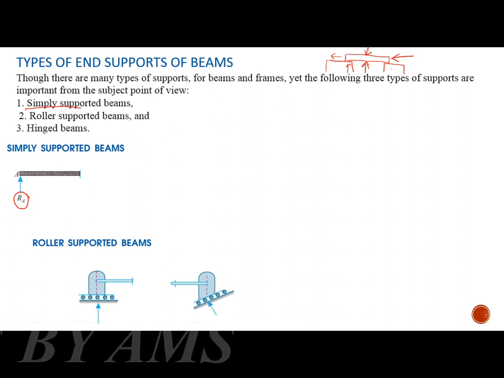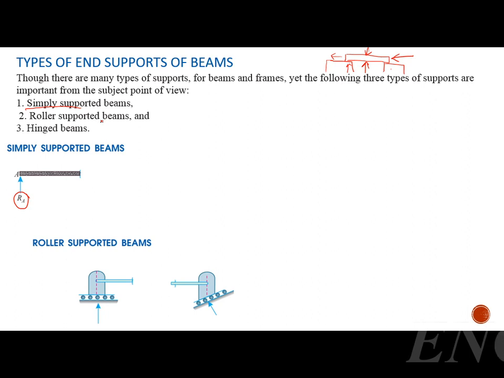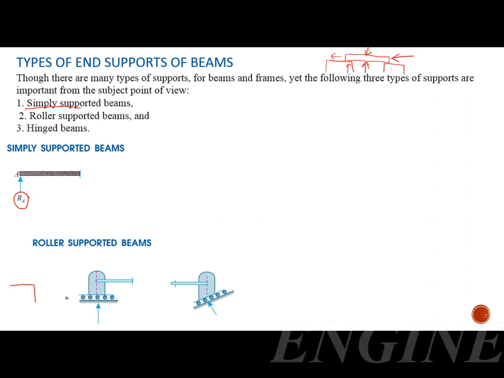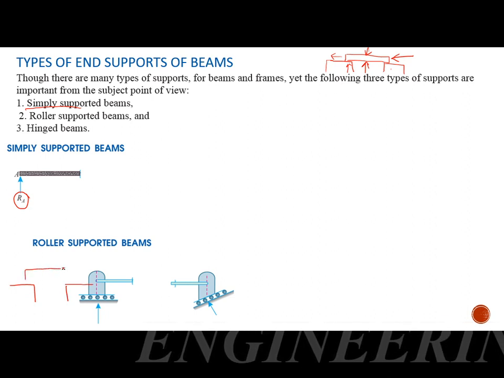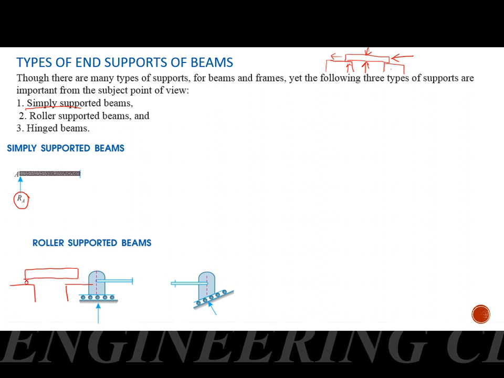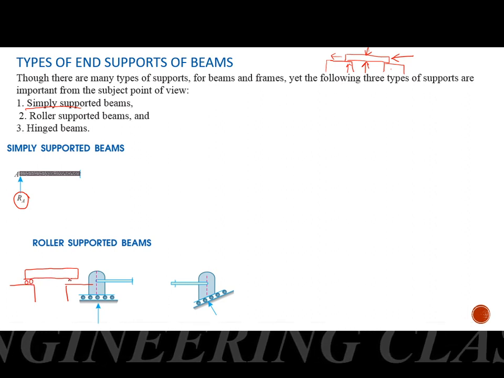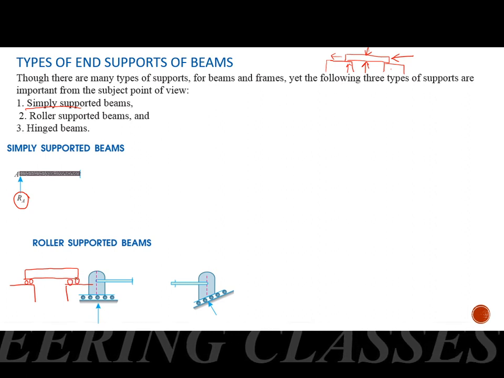Roller support is almost similar to a simply supported beam. The only difference is we have a beam, and here again I am drawing the same wall, and I have placed the beam over the wall, and in addition I have placed 2 wheels under the beam.